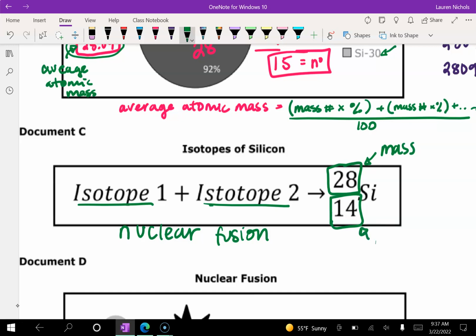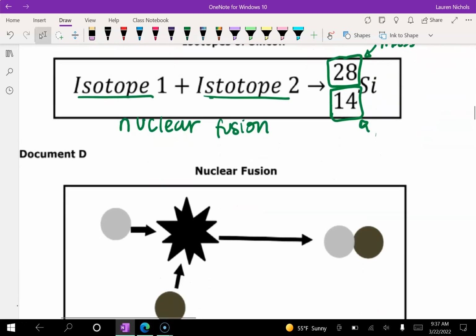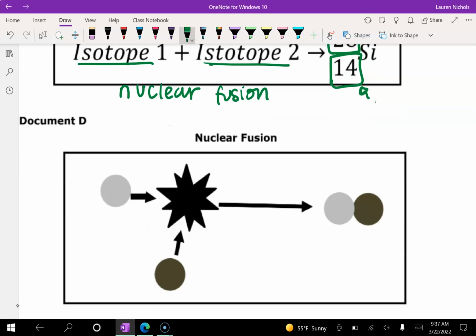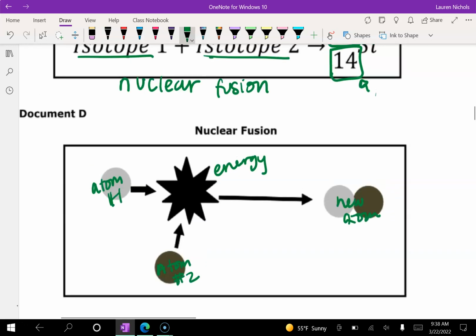So this would be silicon here. For nuclear fusion, it's just showing that two atoms, atom number 1 and atom number 2, collide with a lot of energy and they create a new atom. They fuse together. So this is an example of that.